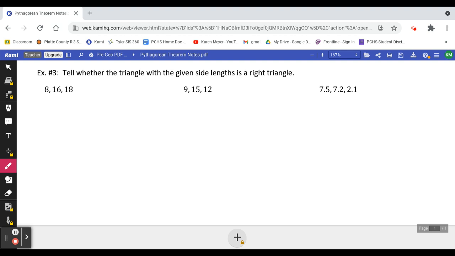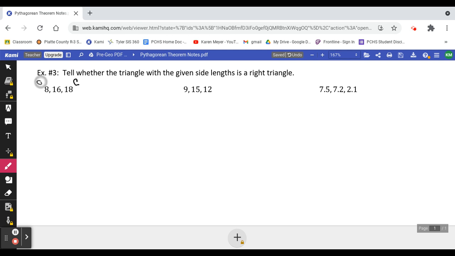Now remember, up above, we said C was the hypotenuse, and the hypotenuse is the longest side. So that means C is the biggest number. So in my set of 3 numbers, look for the biggest one, and that is C. So C is 18.